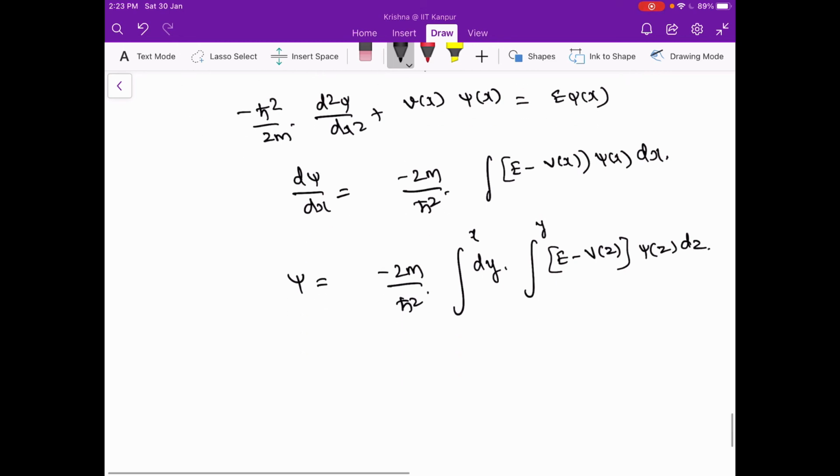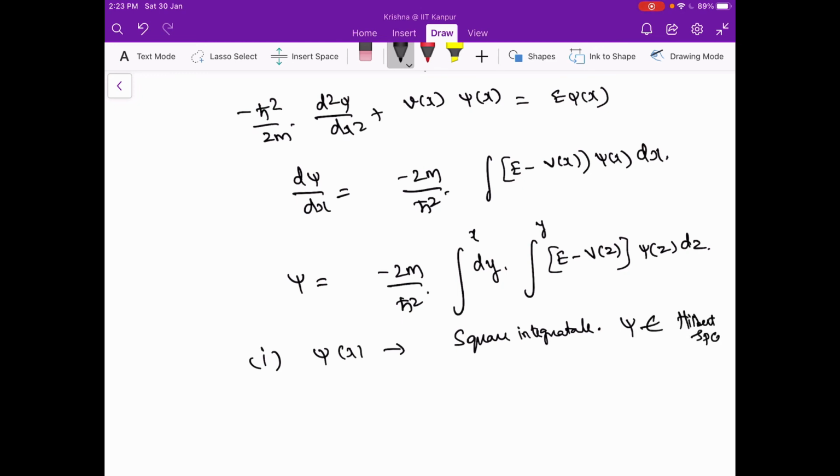So now we have these two integrals, and we can prove that the function has to be continuous. The first thing we assume is that the function psi of x is square integrable, in the sense that psi belongs to the Hilbert space, or in mathematical terms belongs to L2.